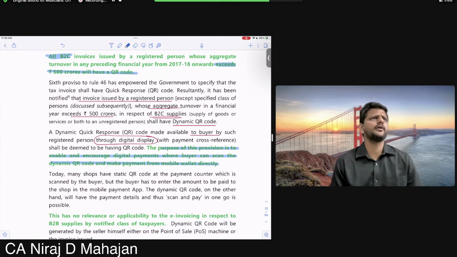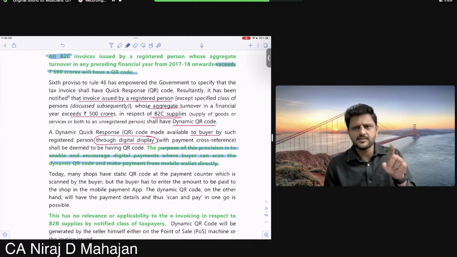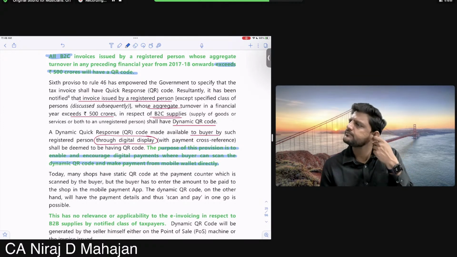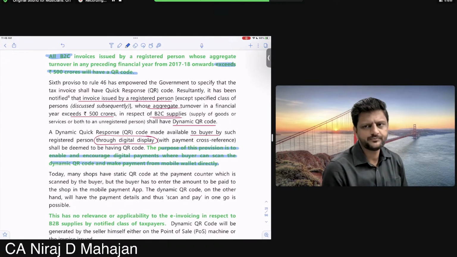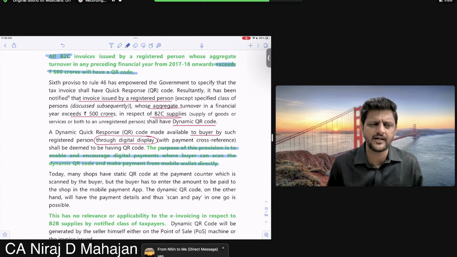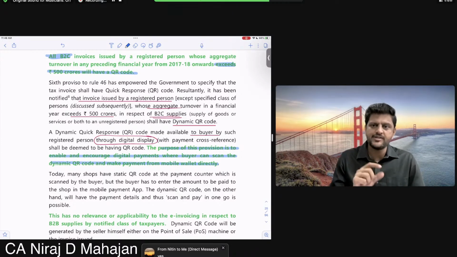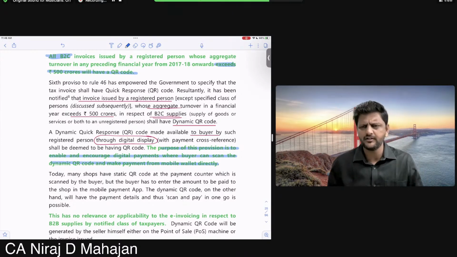In some restaurants you might have gone, or let us say a petrol pump, this also happens. He enters the amount on the QR code device, that payment system. When you scan it, if at all you have seen, immediately the amount is automatically filled.